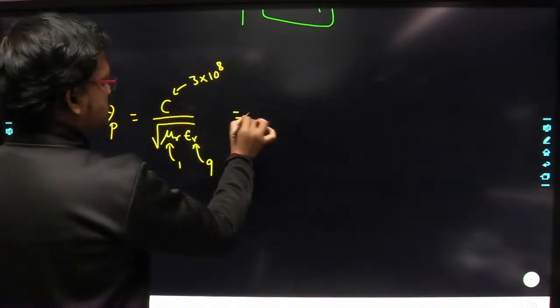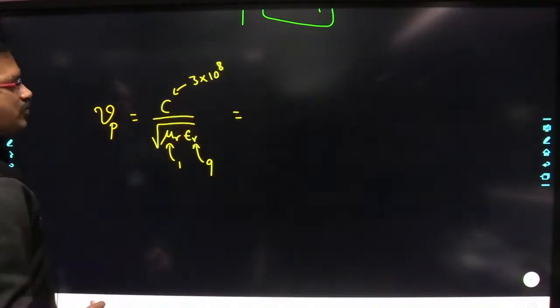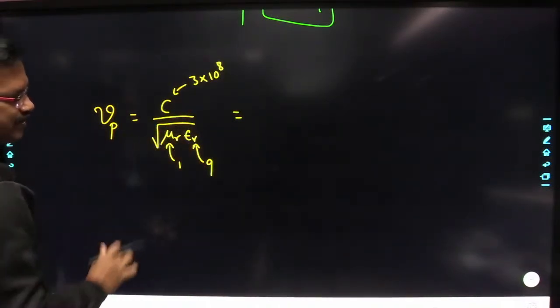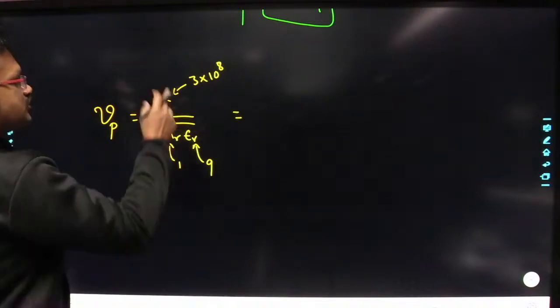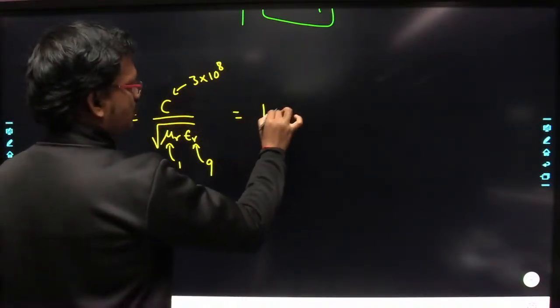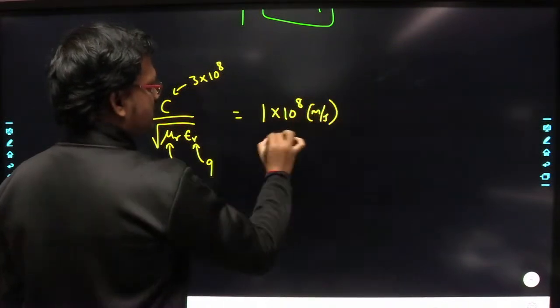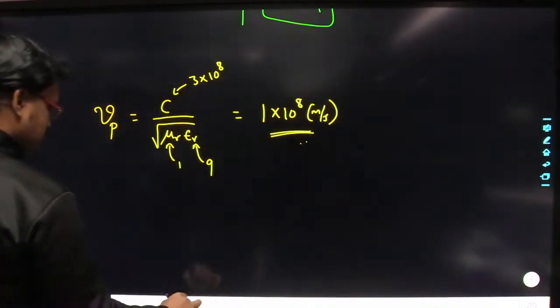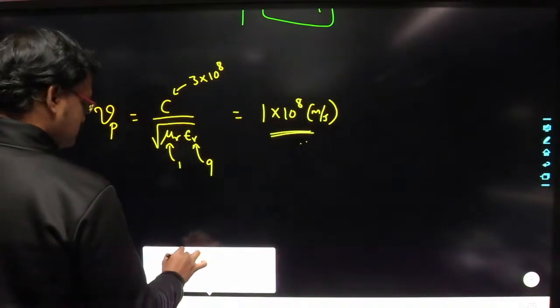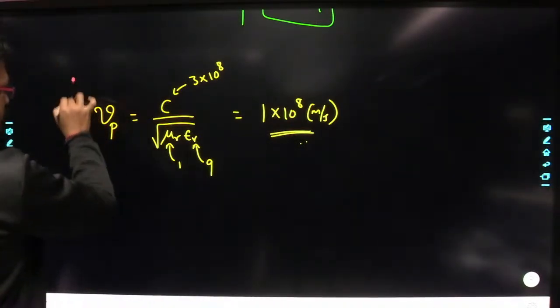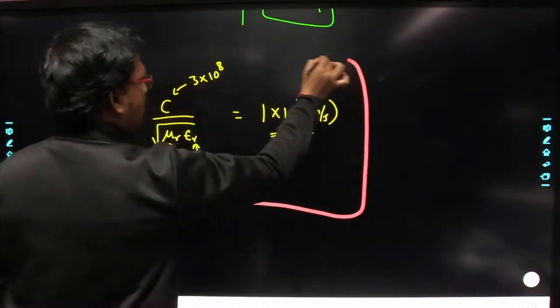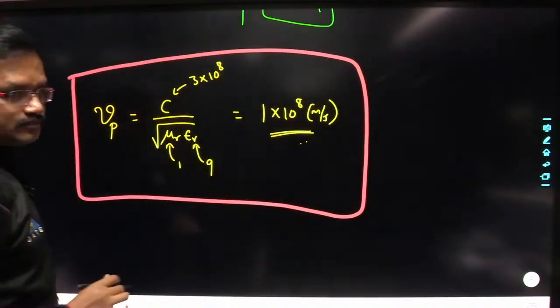Substituting, 3 into 10 power 8 divided by square root of 9, which is 3. The 3 will get cancelled, and the phase velocity is 1 into 10 to the power of 8 meters per second. This is the phase velocity of the wave in the given lossless non-magnetic medium.